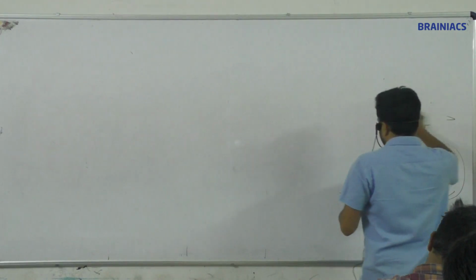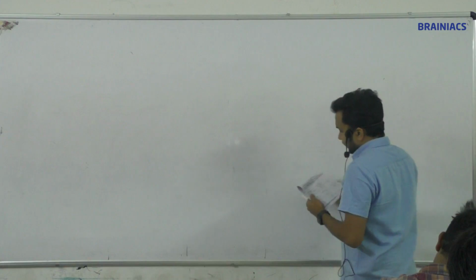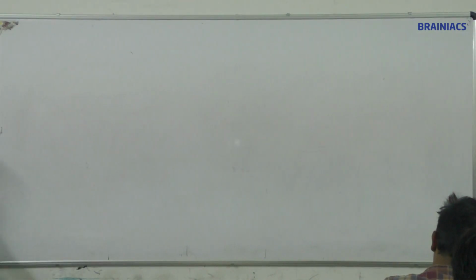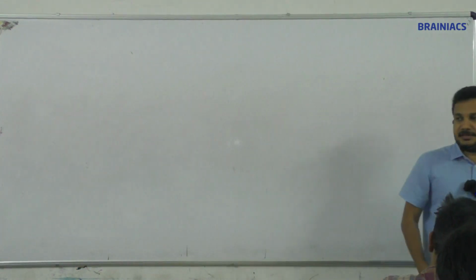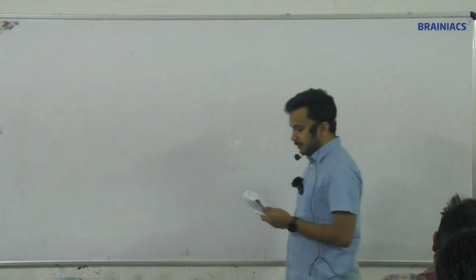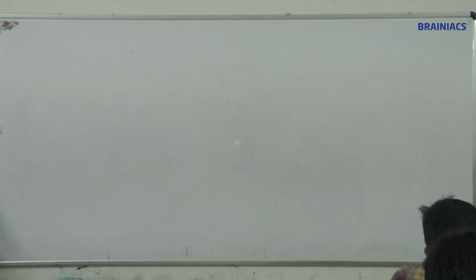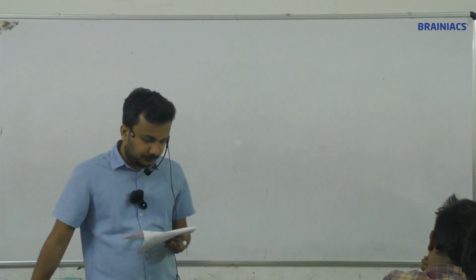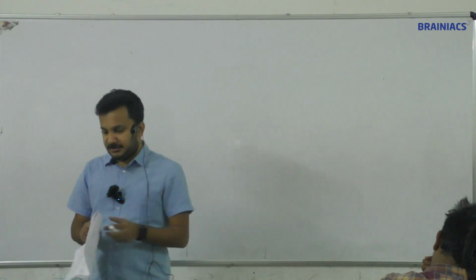The thickness of the glass slab is 8 centimeter. Find the area through which light emerges.